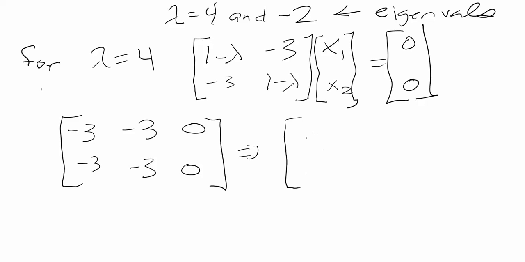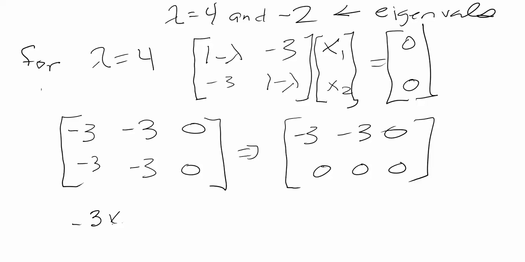We use Gaussian elimination. And all this is saying is that 3 minus 3x1 is equal to 3x2, or x1 is equal to minus x2.